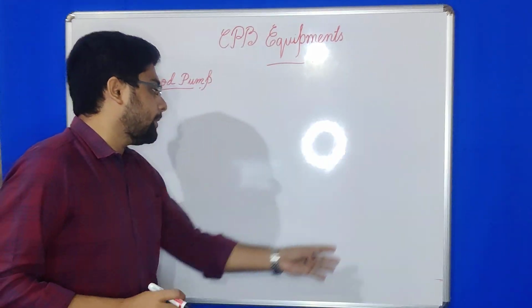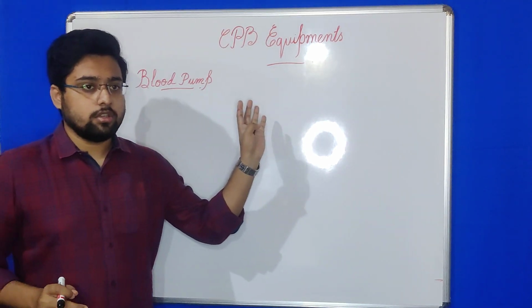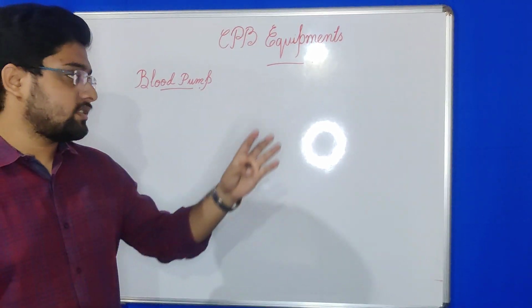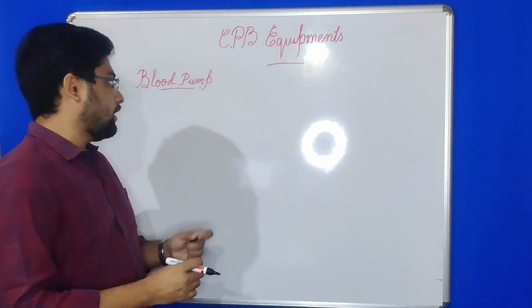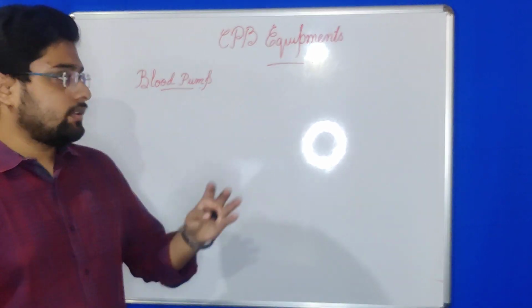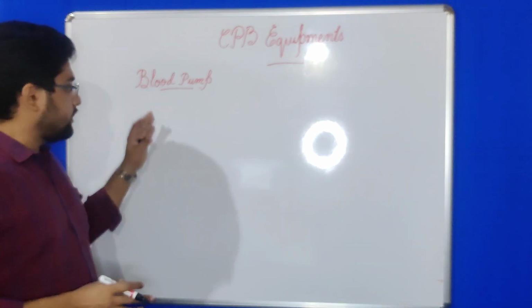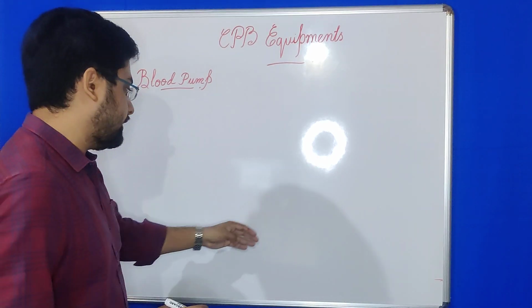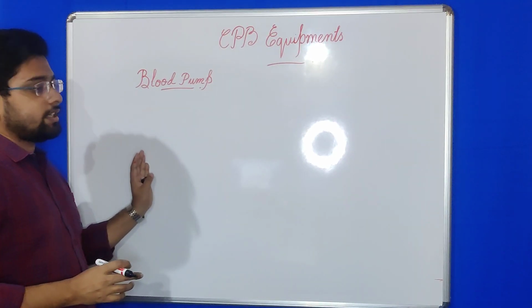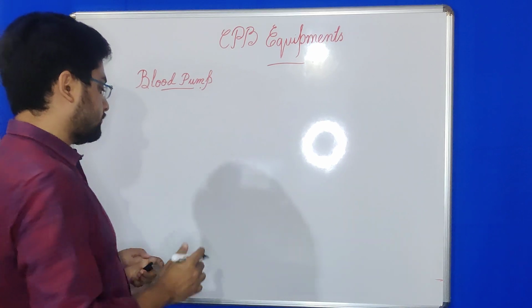The whole schematic diagram which I showed is called the extracorporeal circuit. Extracorporeal means outside the body. So the blood pump is a device that sucks out the blood from our reservoir and then pumps it through the oxygenator into the patient's body.